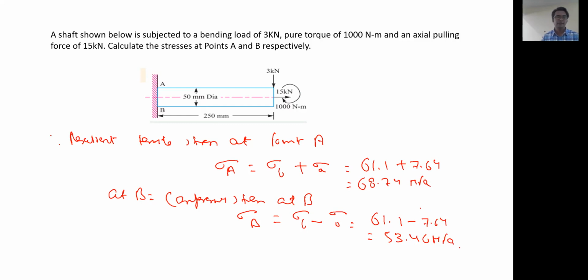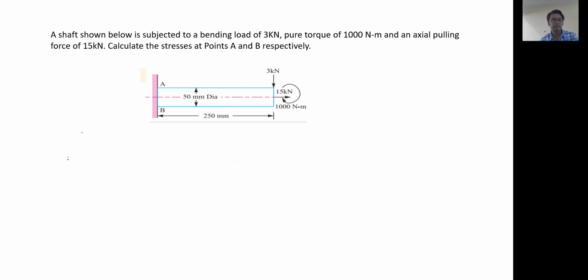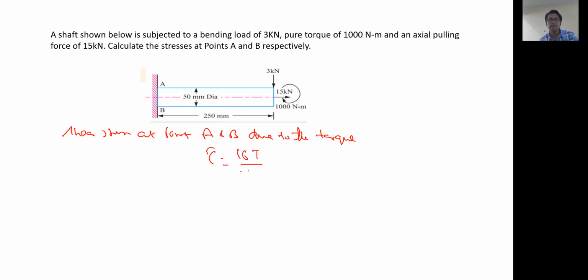Okay, now we have to find out the shear stress acting on it. Okay, so we know that the shear stress at point A and B due to the torque acting on it is tau is equal to 16T by pi d cube.